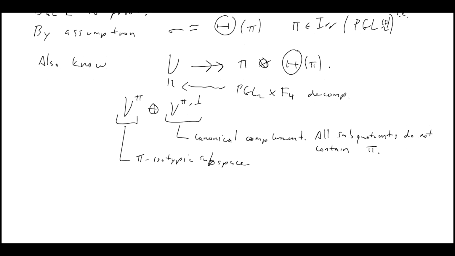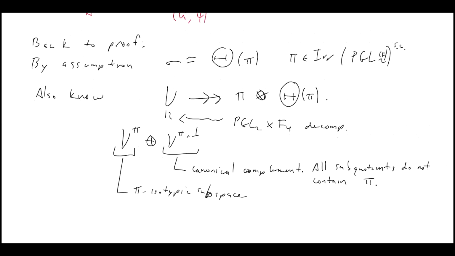All right. Let me give this surjection a name. I'll call this map phi sub tau.